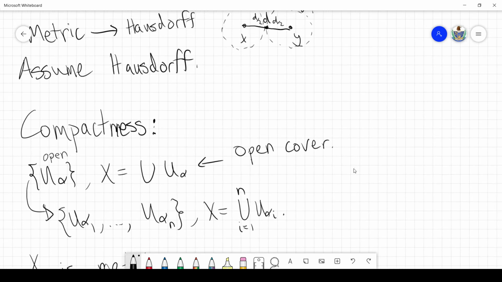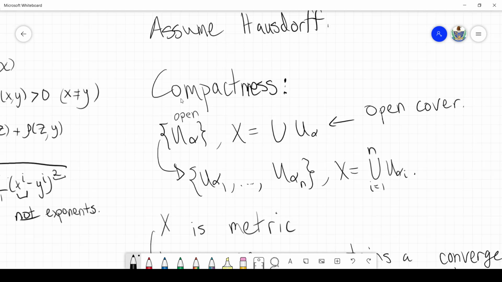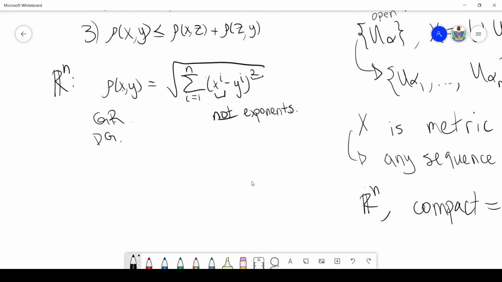I forgot to mention that in metric spaces, where you have distance, you can define boundedness.